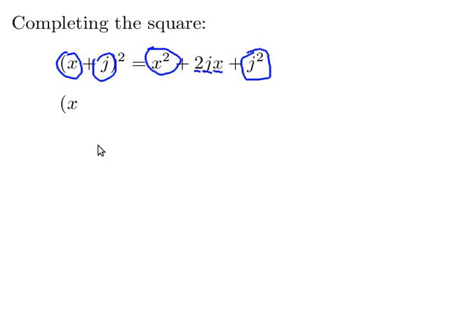Okay, so now for the next, let's rewrite this, but instead of using j, let's use j divided by 2. So x plus j divided by 2, quantity squared, is going to be equal to the same thing up here, but we would replace j with j over 2.